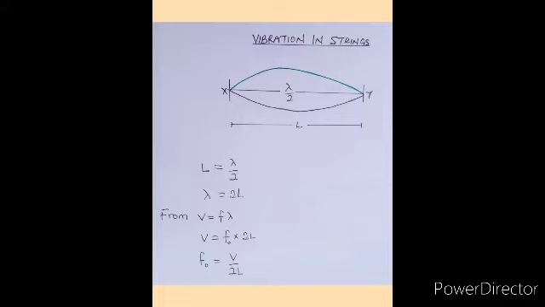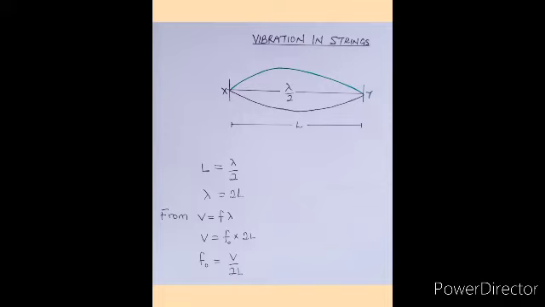Now from the equation of wave motion, which is V equals F lambda, we can write V equals F naught times 2L, where F naught is the fundamental frequency of the note produced, multiplied by 2L, which is the value of our wavelength as we have seen above.